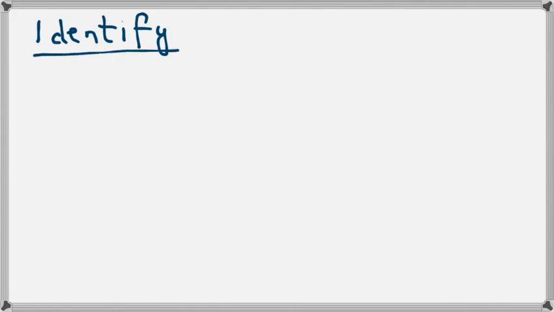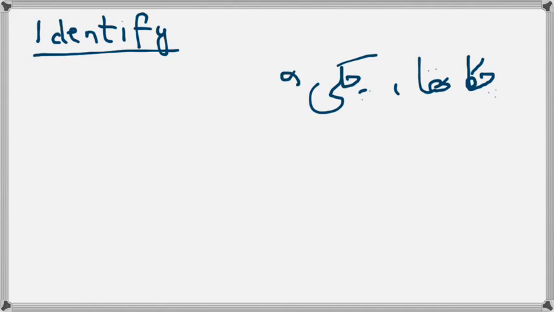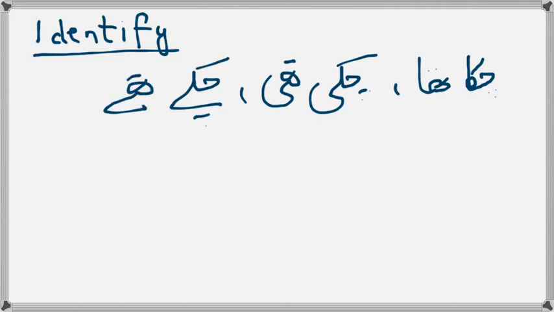In Urdu, if a sentence ends with chuka tha, chuki thi, or chuke the, then it shows that it's the past perfect tense. Chuka tha is usually used with male, chuki thi for female, and chuke the for plurals.